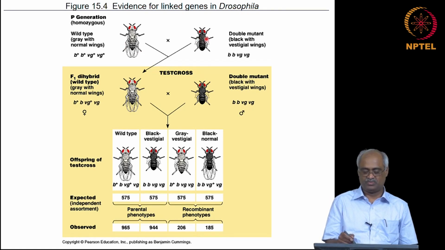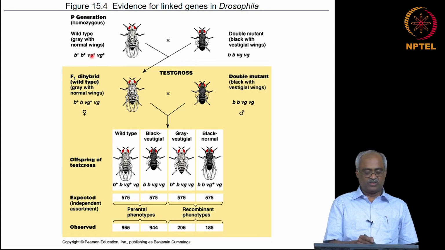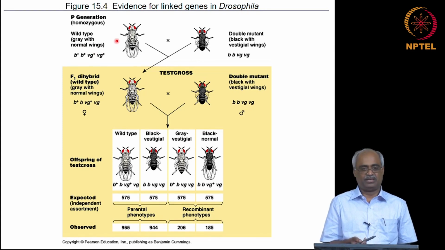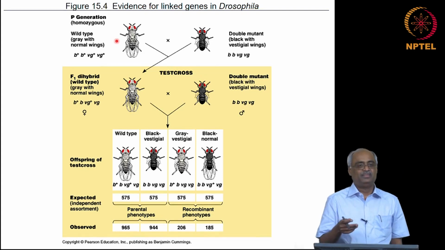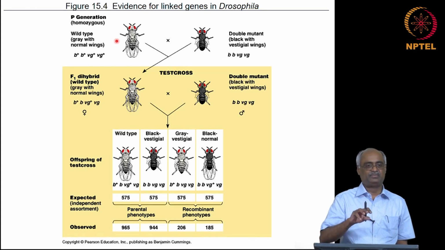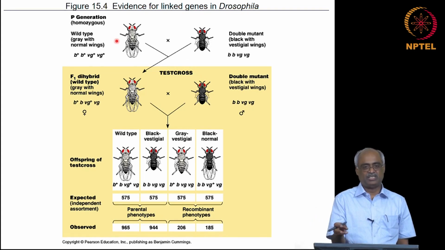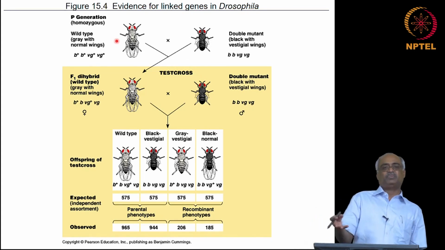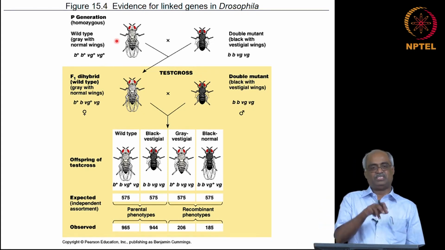So black is this body color, and when you have the wild type gene, then you call it B plus, and when you have the small wing, you call it vestigial, because in flies as well as in some other organisms, the phenotype is what eventually gives rise to the name. So wing being small, vestigial wing, that mutant was called vestigial. So the wild type gene that makes the normal wing is called VG plus.